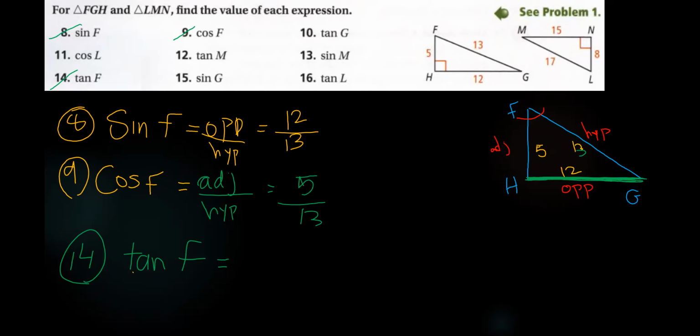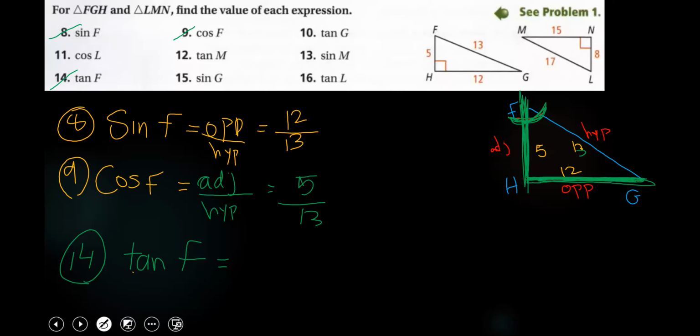Where's the angle? This is the angle. Where's the side that's opposite to angle F? This is the side that's opposite to angle F. And this is the side that is close to it, or adjacent. We call it adjacent. So sine F is the opposite over the hypotenuse, and this is the hypotenuse that you know from before.